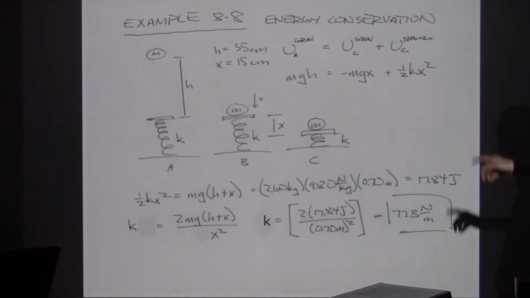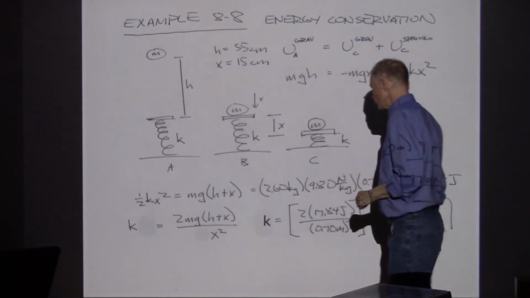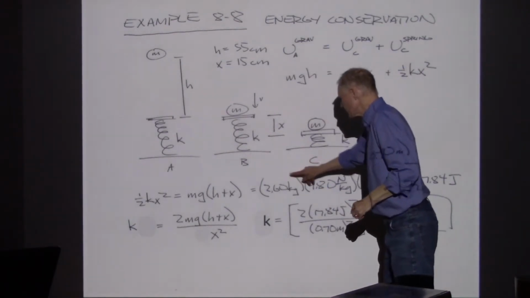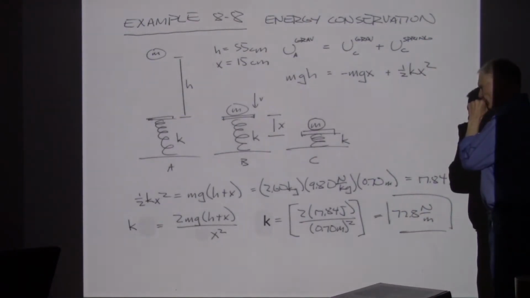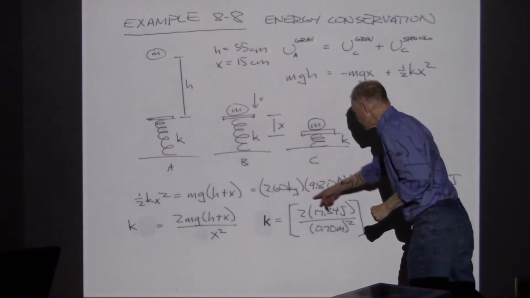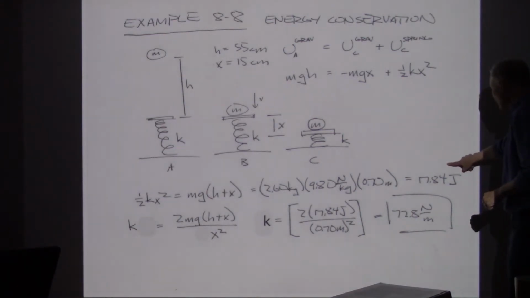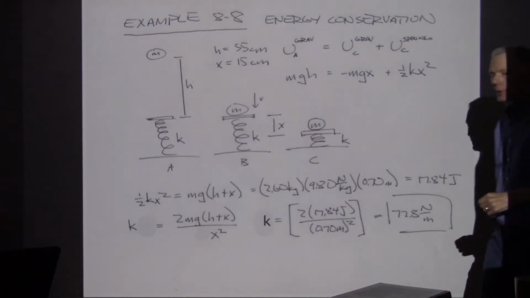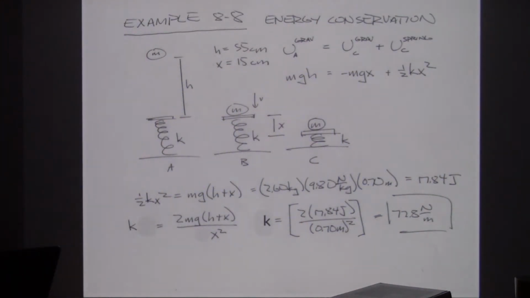So I can write that as 0.70 meters when I'm looking at the gravitational potential energy term. So this is 2.60 kilograms, 9.80 newtons per kilogram. And the potential energy that I solved for gravitationally has worked out to be 17.84 joules. I was just curious about how much energy we're talking about, and we had all the numbers right there, so I went ahead and solved for that.